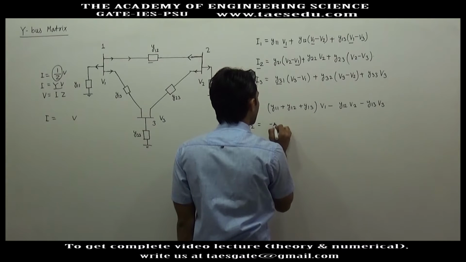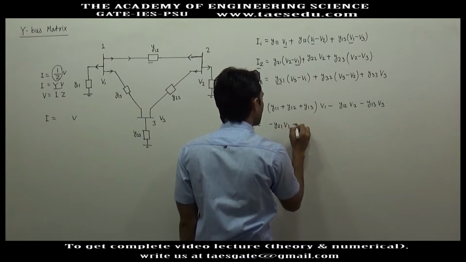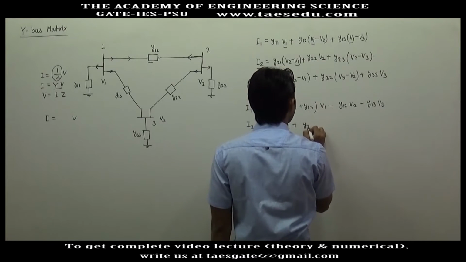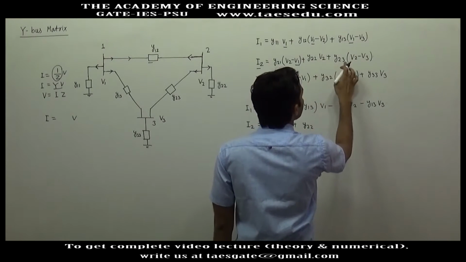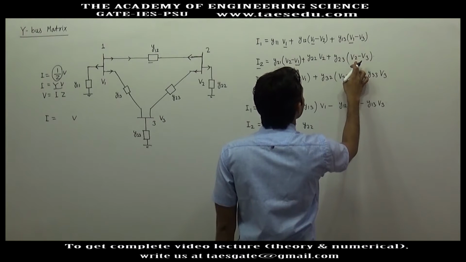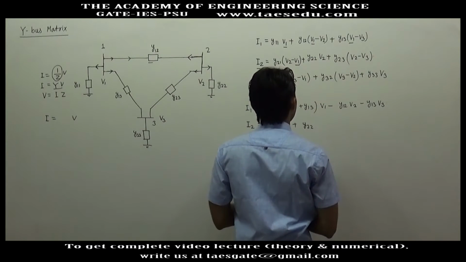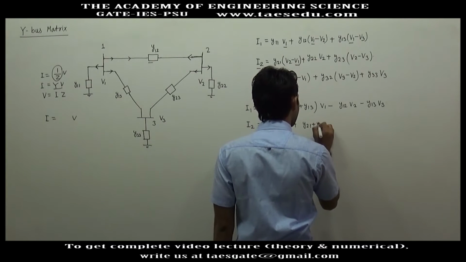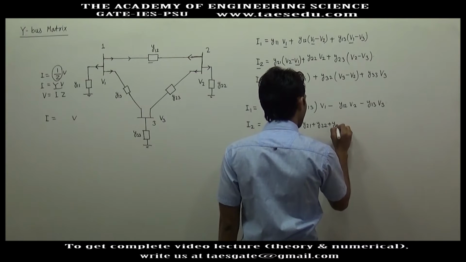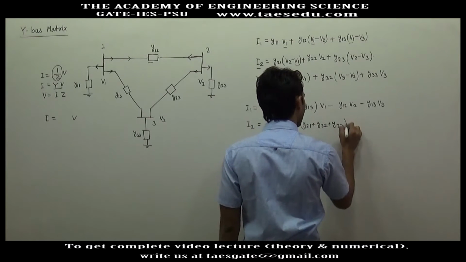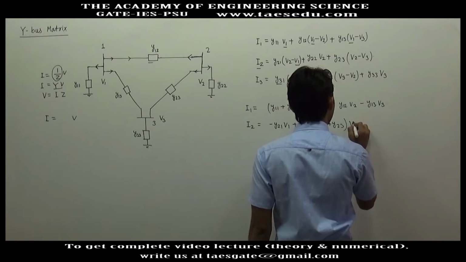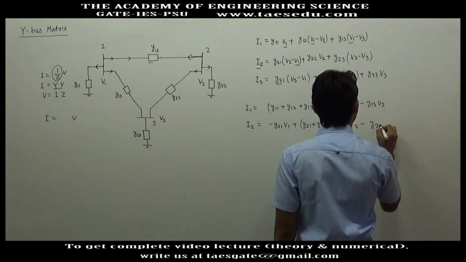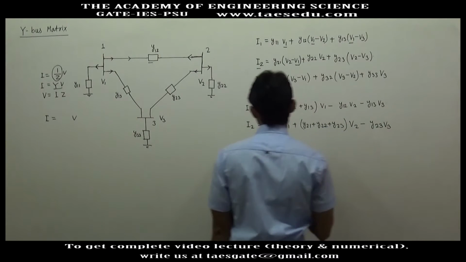So this will be minus Y21 into V1, plus Y21 plus Y22 plus Y23 into V2, minus Y23 into V3.